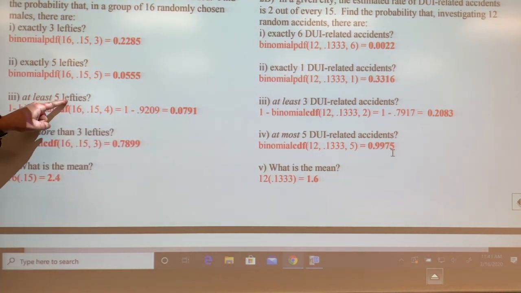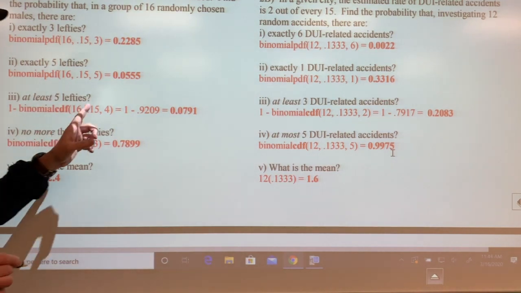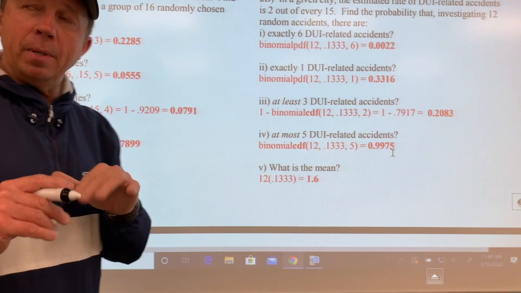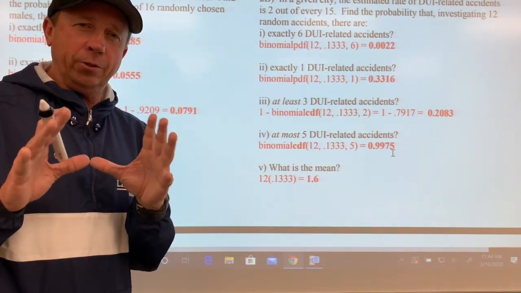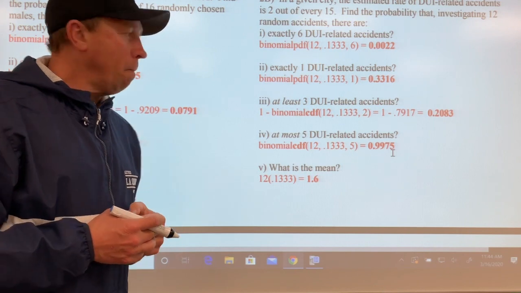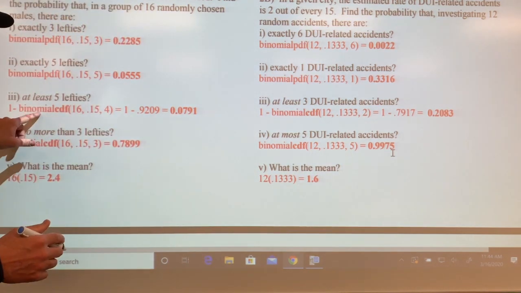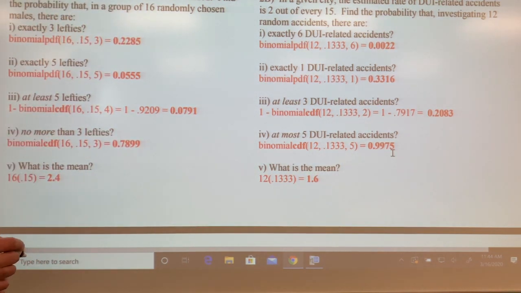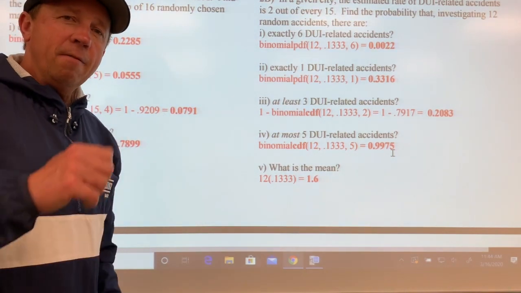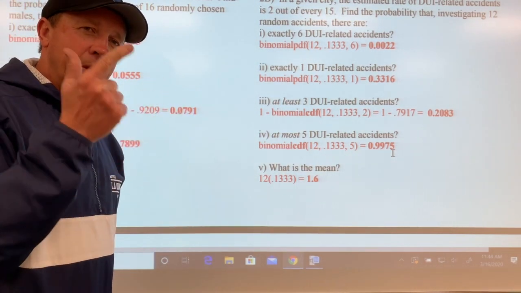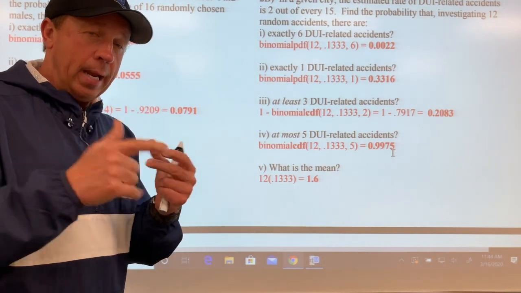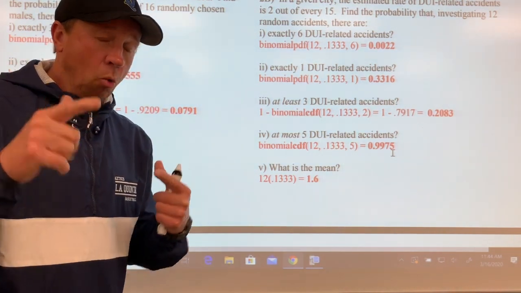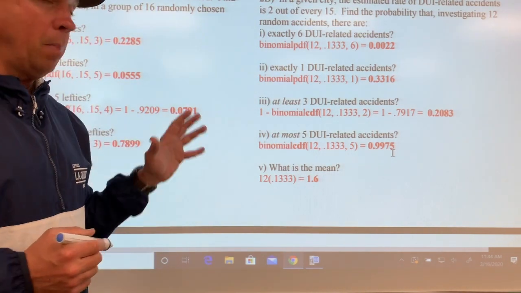At least 5 lefties. This is a case where doing this by hand would be absolutely ridiculously impossible. You have to do it with the distribution, okay? So, let's look at this. At least 5 is 5 or 6 or 7 or 8 or 9 or 10, all the way to 16, which is a lot of work to do by hand.